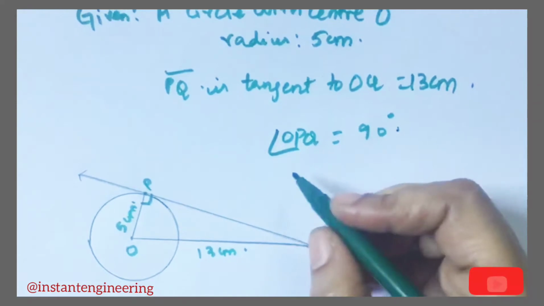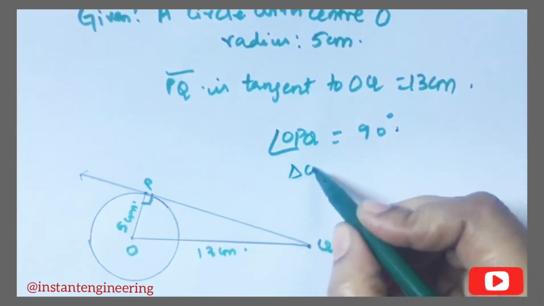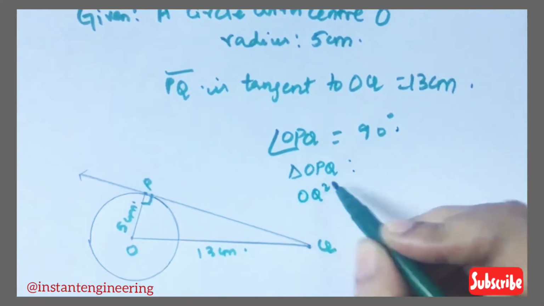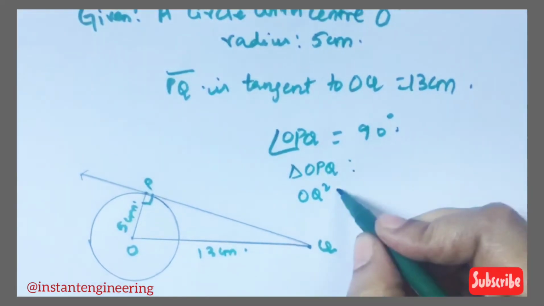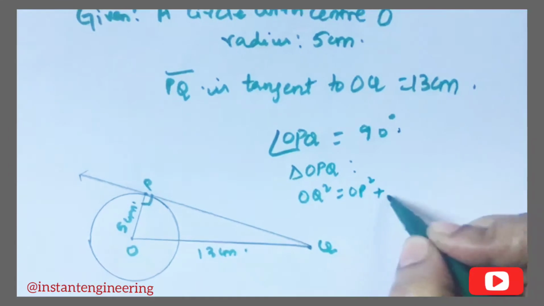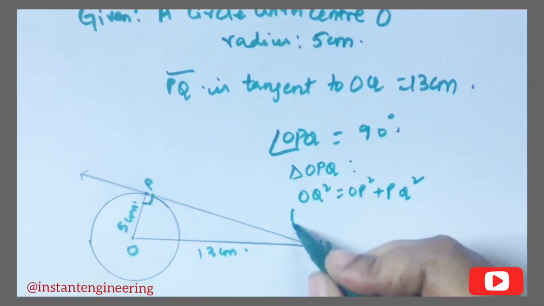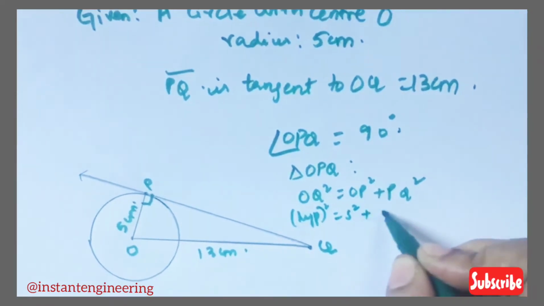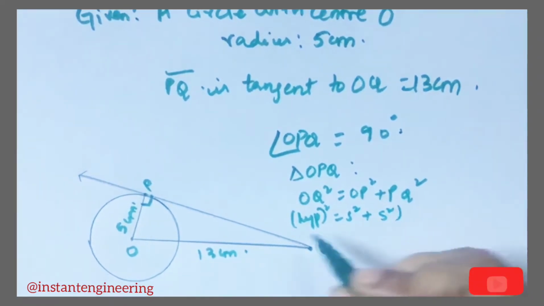From triangle OPQ, you can write OQ square is equal to OP square plus PQ square. This is the hypotenuse. Hypotenuse square is equal to side square plus side square. This is the Pythagoras rule.